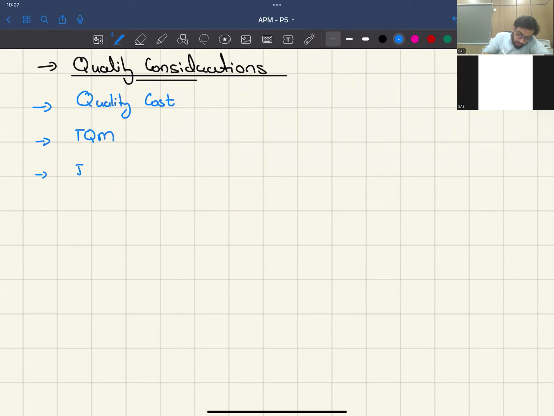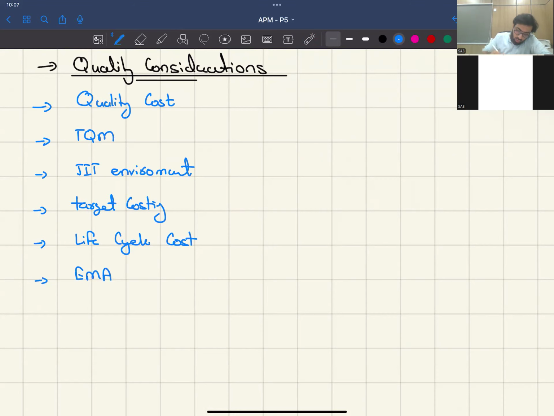We need to discuss JIT environment, then target costing, and then life cycle costing, and then EMA. So these are the topics that we need to discuss.